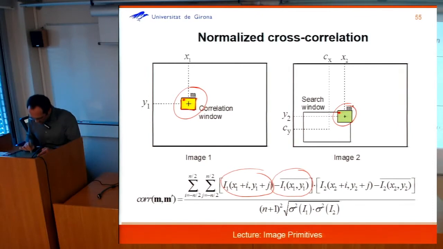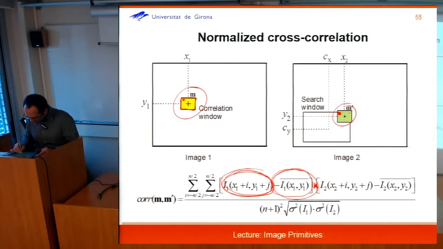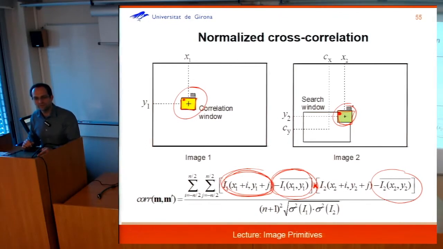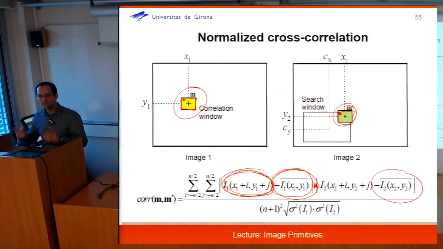So I take the gray value of the first pixel minus the average gray value of the full window, times the gray value of this pixel minus the average gray value of the second window. Why am I doing this?